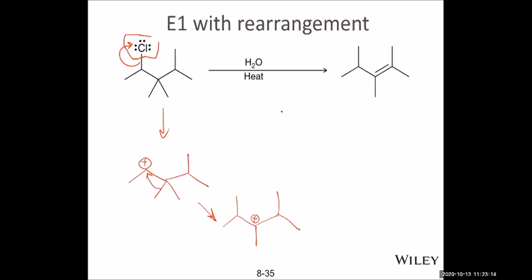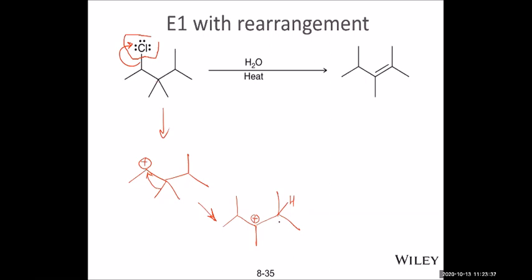And then, getting to the very end, the next step: the carbocation can either combine with water to become an alcohol, or go through elimination. The elimination looks like this: this carbon loses the hydrogen.